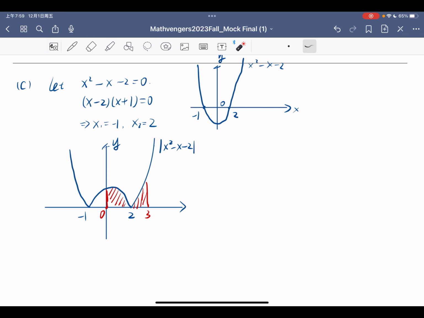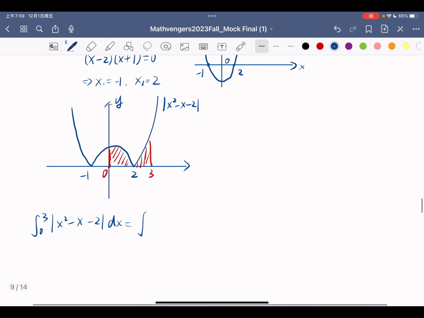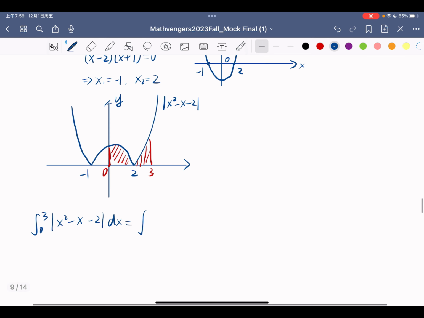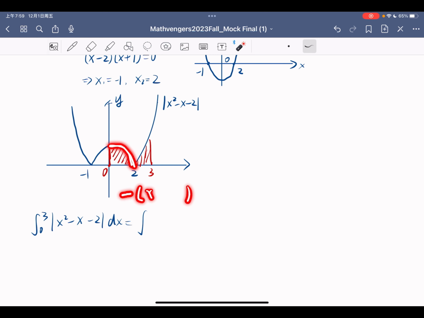Okay, and which means we can rewrite the integral into the first function. The first function is from 0 to 2. And what's the formula for this function? This is actually the negative of x squared minus x minus 2.